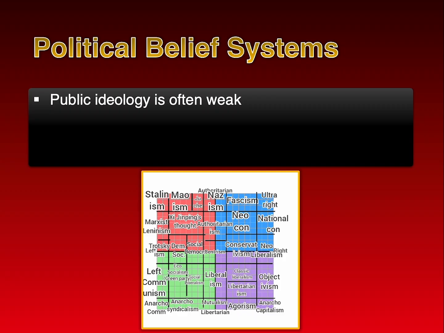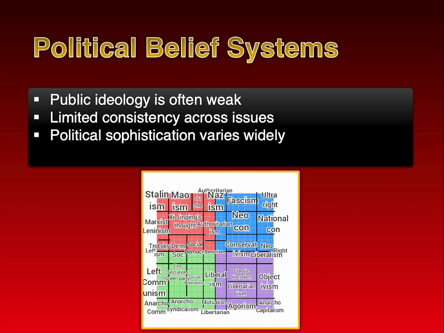A belief system refers to how well a person's opinions fit together. Most Americans show limited ideological constraints. Opinions on one issue don't really consistently predict other opinions within an individual. Political sophistication, that's how knowledgeable or how devoted to politics an individual is, varies.